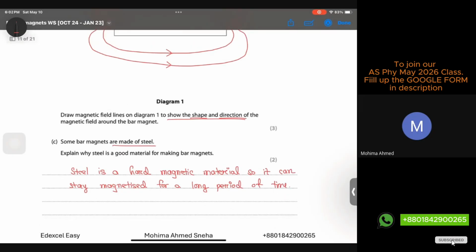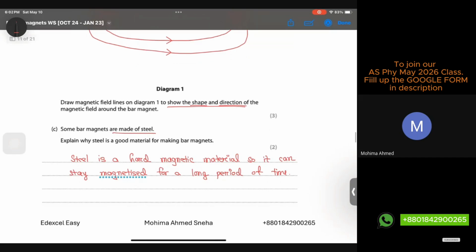Correct. Steel is a hard magnetic material, so it can stay magnetized for a long period of time. This is again a repeated question about steel, so you can memorize this one also.